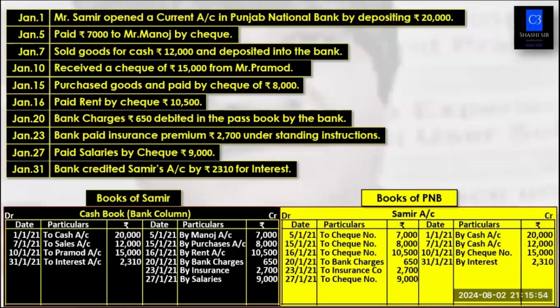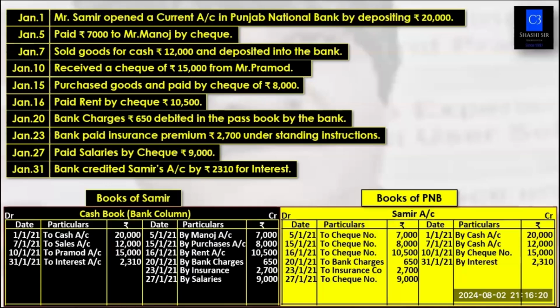So now, all the transactions are over. And why did I show you all these transactions being recorded one by one in the bank's book and Samir's book? Because there is an important reason. Just look at all the transactions here on the screen.